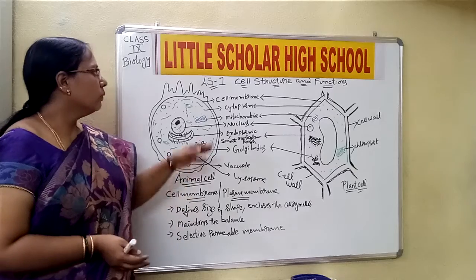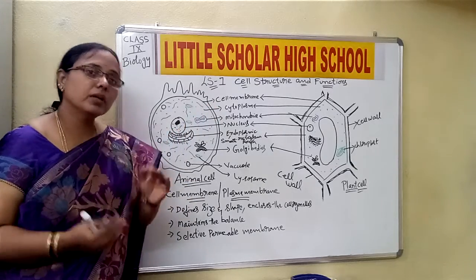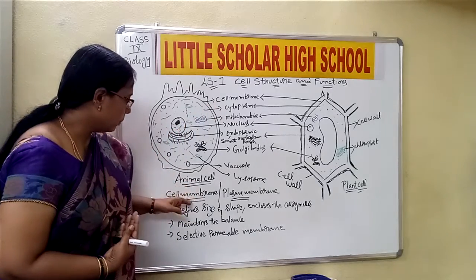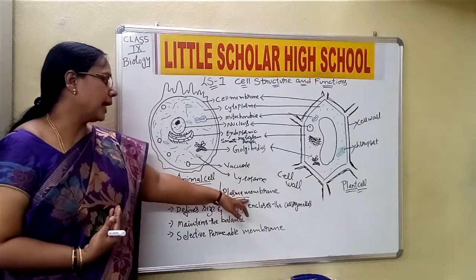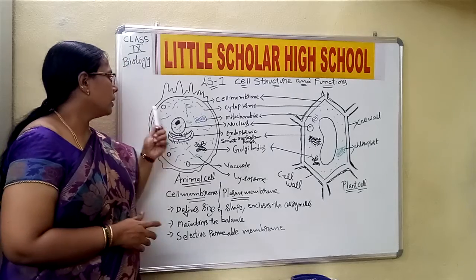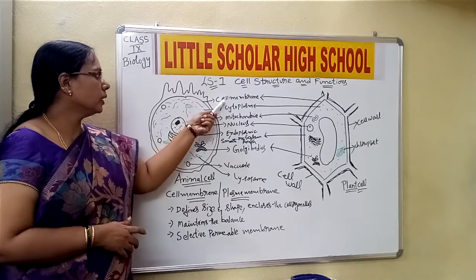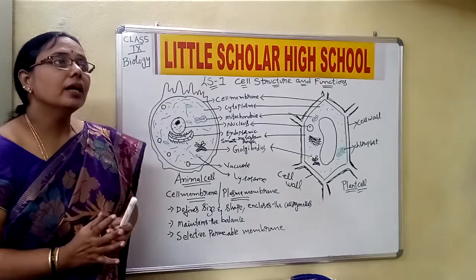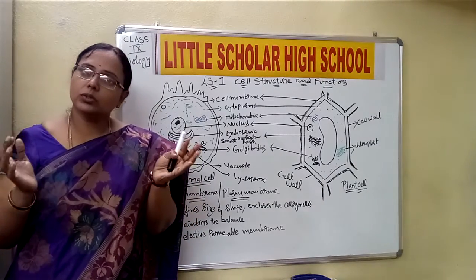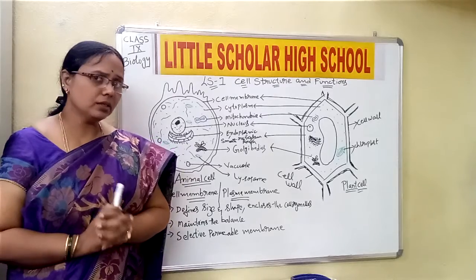Okay. Now, when we are talking about the cell membrane, now let us go to the cell membrane. Okay, the cell membrane is also called as plasma membrane. Now, what is the importance of the cell membrane or the plasma membrane?